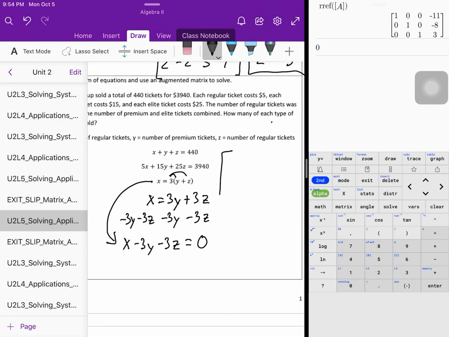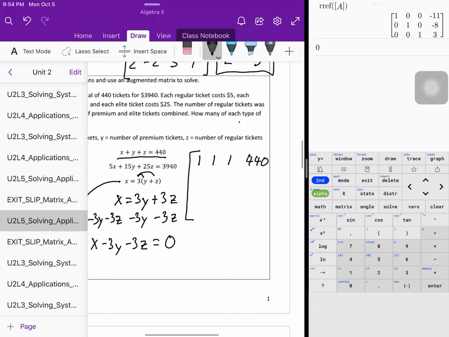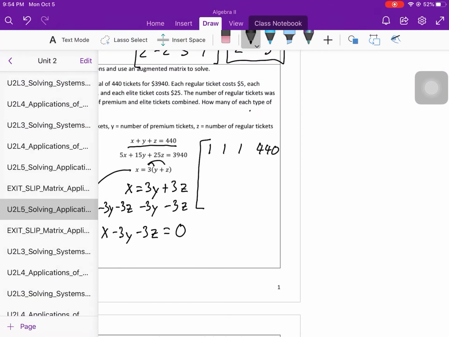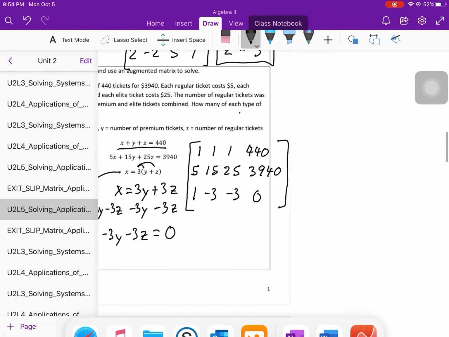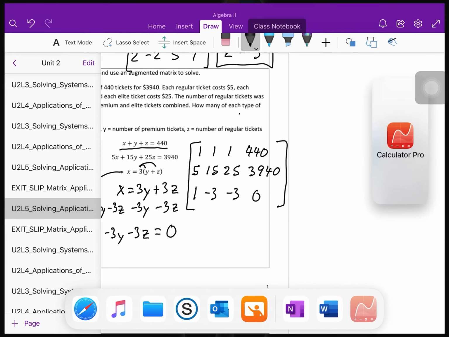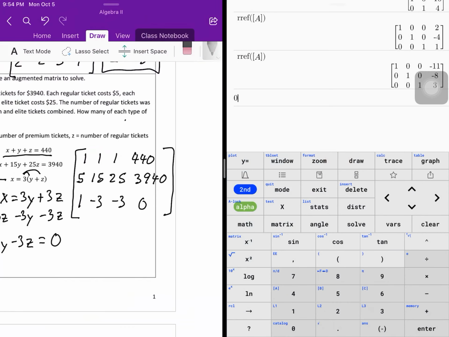So when I write my matrix, I'm going back up to this row here first. So 1, 1, 1, 4, 40. Let me move this off to the side. And then we got 5, 15, 25, 3, 9, 4, 0. Some of these would get kind of large. And we have 1, -3, -3, 0. Okay, so I'm going to pull back up here, bring it up.